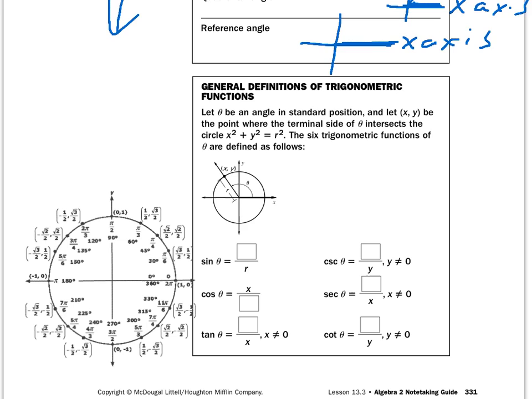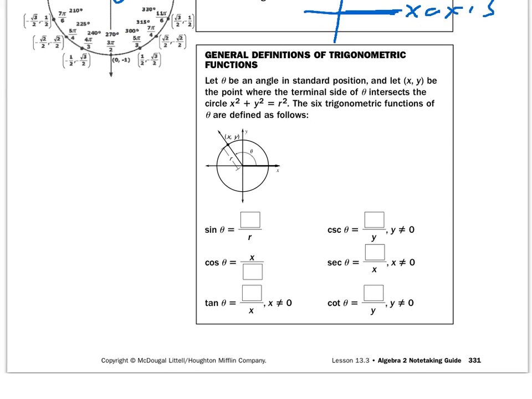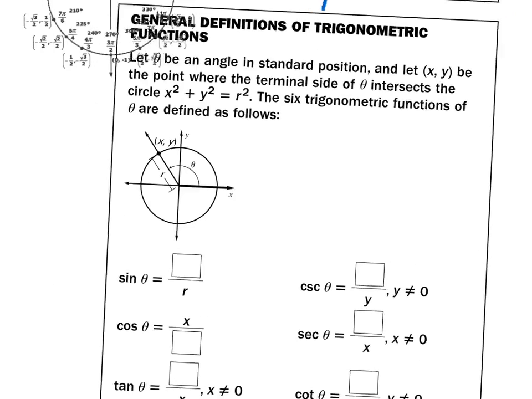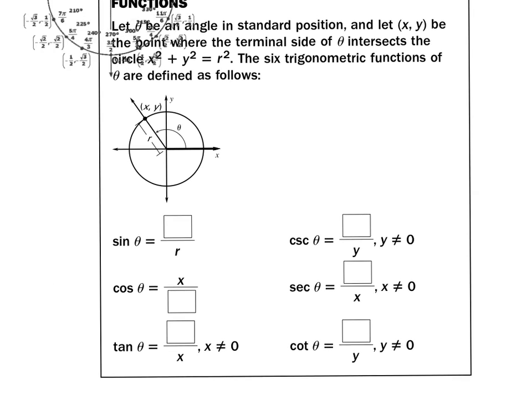When you look at the unit circle, or when you look at a circle as it goes around, let me scoot this guy out of the way real quick. What I like to do is draw the triangles that are formed. When I look at that point over here, x, y, I see a triangle formed right there.